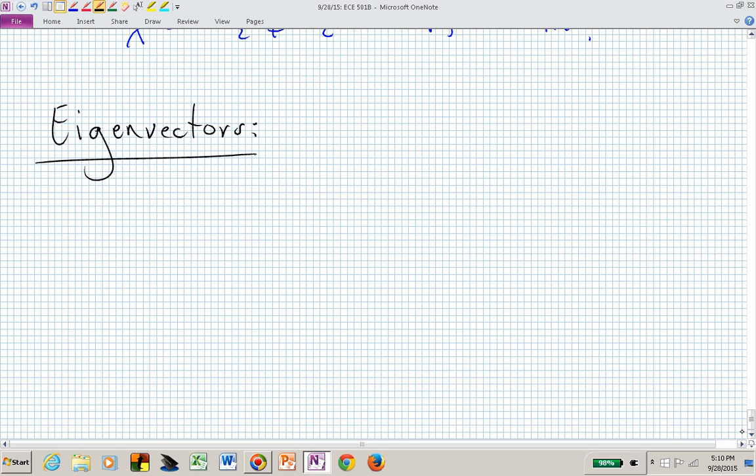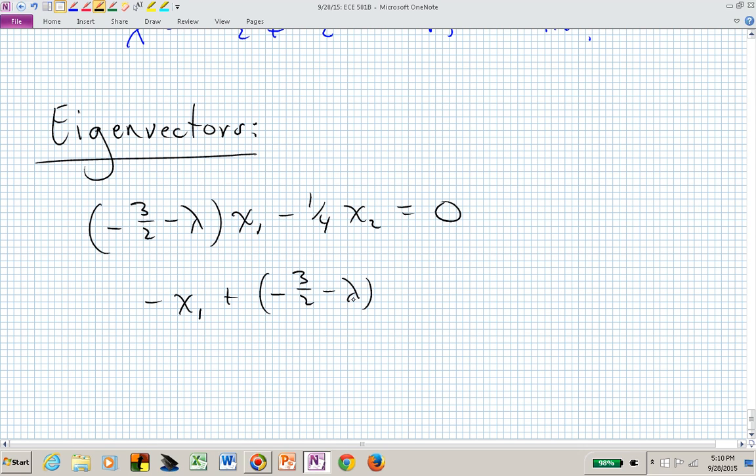I'm sorry, the eigenvectors. We now know that minus 3/2 minus lambda times x1 minus 1/4 x sub 2 is equal to 0. And we also know that minus x1 plus minus 3 halves minus lambda x sub 2 is equal to 0.